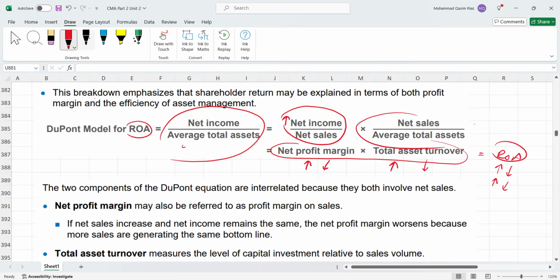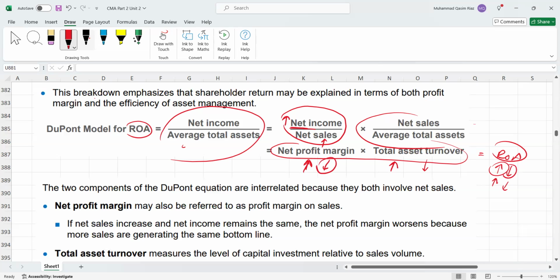Obviously, if net income increases, it is the numerator, so net profit margin will also increase, and if net profit margin increases, return on asset will also increase. On the other hand, for example, if net sales increase, because net sales is the denominator of net profit margin, your net profit margin will decrease and return on asset will also decrease. Understood, guys?